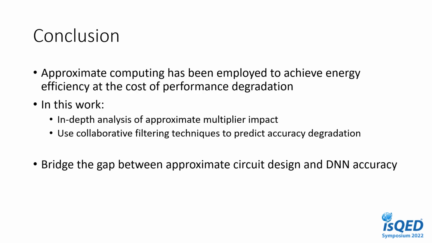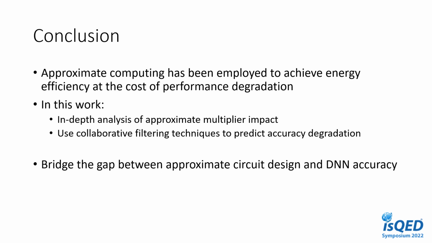Deep neural networks have been imposing substantial challenges on embedded devices with limited resources. Approximate computing has gained a lot of research attention as a computing paradigm that achieves significant energy efficiency gains by relaxing the need for completely accurate DNN performance. In this work, we conduct an in-depth analysis of the impact of approximate multipliers on different DNN layers.